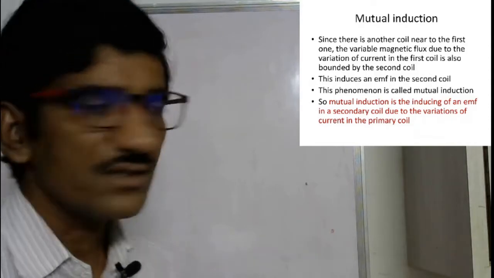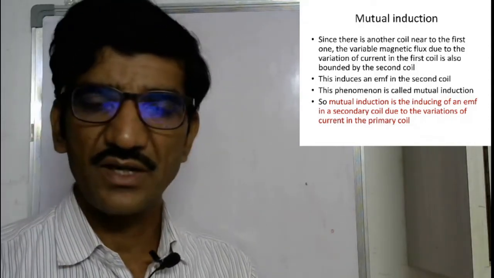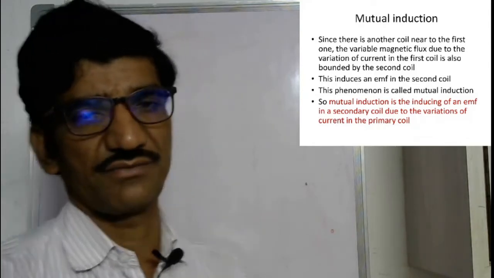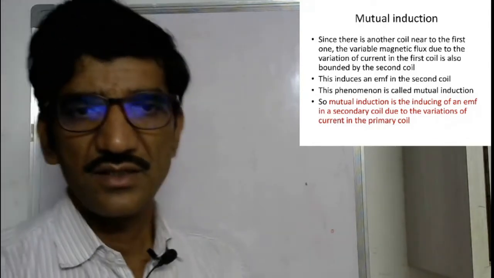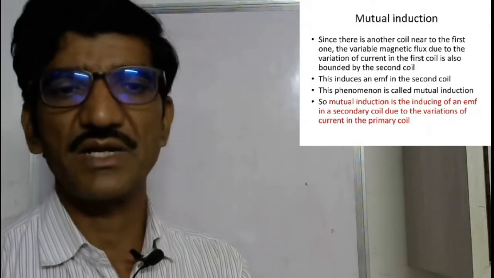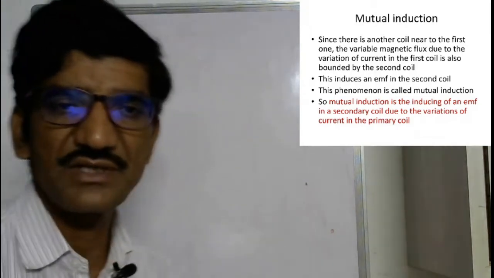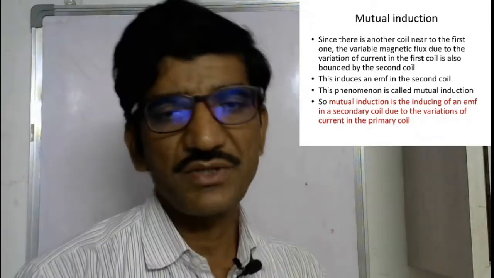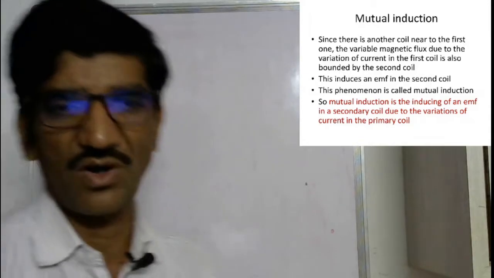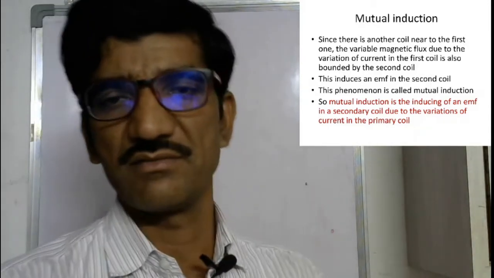In the second coil also, this varying flux is able to create some EMF. We call that a mutually induced EMF. We call that mutual induction. We are able to see the EMF in the second coil due to the mutual induction between the two coils. This is the phenomenon of mutual induction.